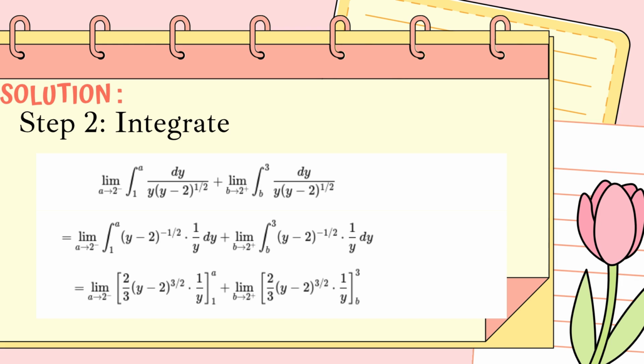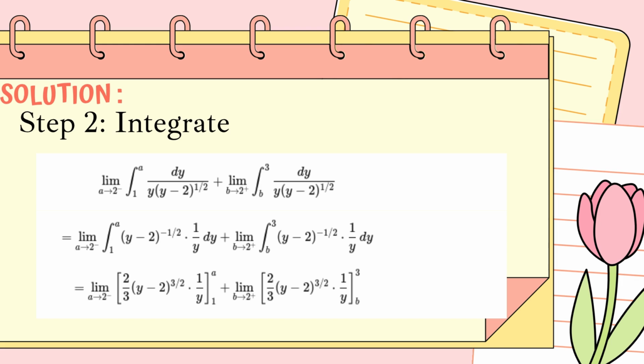We have the limit of the integral of dy over y times the square root of y minus 2, plus the same limit. Sorry for that, let me reread it for you again.